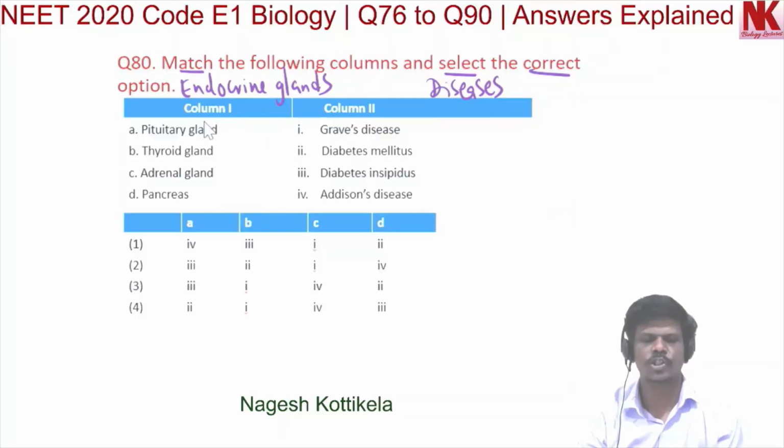Now let's match these two columns. First of all, pituitary gland. Graves' disease, diabetes mellitus, diabetes insipidus, Addison's disease.